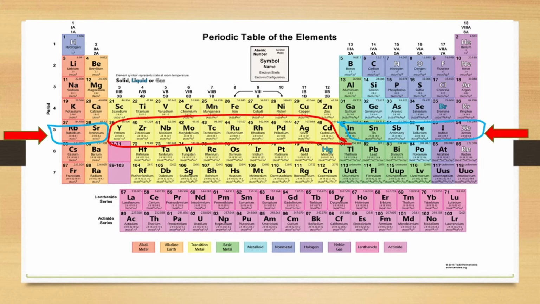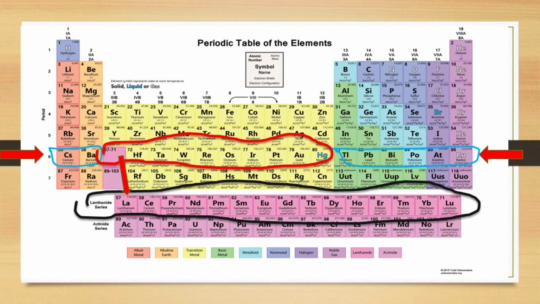Now, let me read the names of those elements. Rubidium, strontium, yttrium, zirconium, niobium, molybdenum, technetium, ruthenium, rhodium, palladium, silver, cadmium, indium, tin, antimony, tellurium, iodine, xenon.